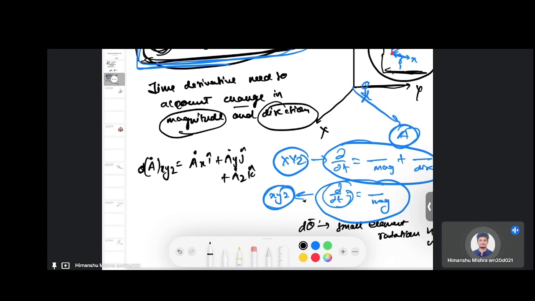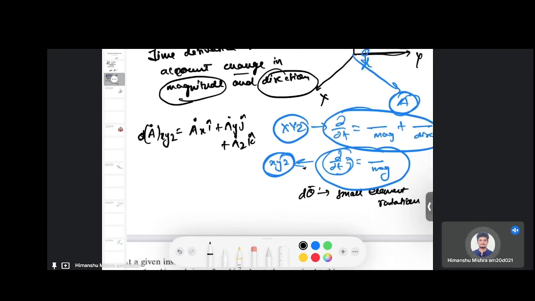Now if you want to write the rate of change of vector A with respect to the inertial frame, sorry, fixed frame of reference, then it will be A dot, it will contain the change in magnitude plus change in direction.